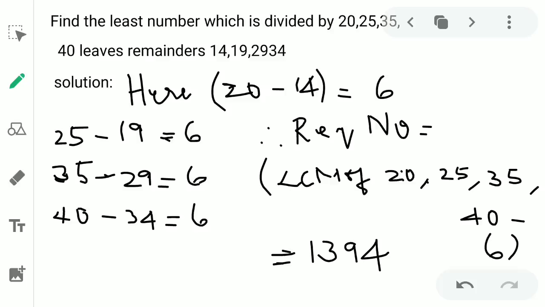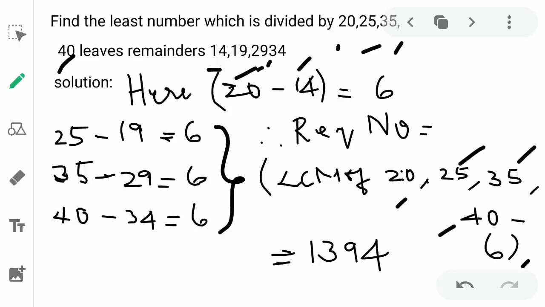Here we have to subtract: 20 minus 14, 25 minus 19, 35 minus 29 and 40 minus 34. In all the cases you are getting the answer 6. So the required number is the LCM of 20, 25, 35, 40 minus 6, and you will get the answer as 1394.